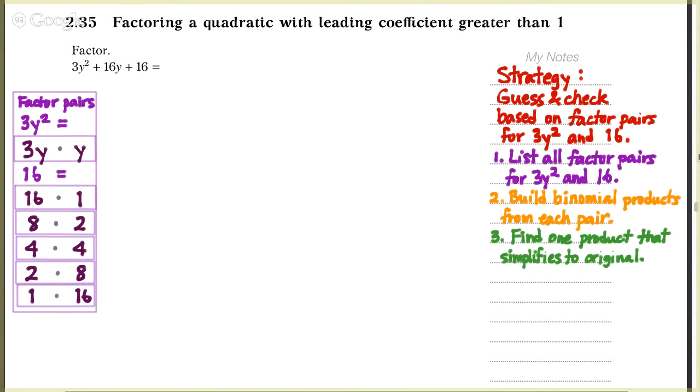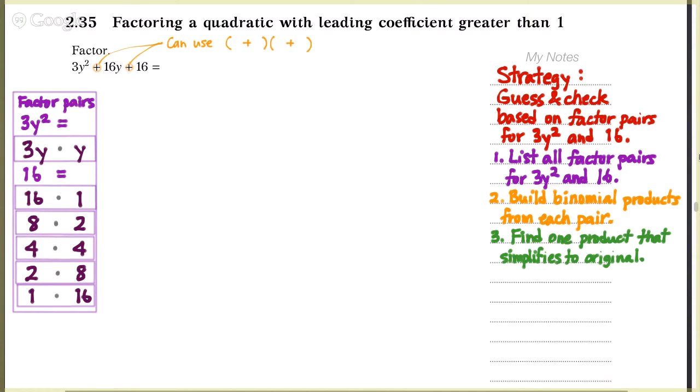There's technically 3 distinct factorizations for 16 into pairs: 16 times 1, 8 times 2, and 4 times 4. But for reasons that will become obvious in a moment, I also want to consider the ordering to be a little different. So I want to include 2 times 8 and 1 times 16 as a 4th and a 5th factor pair for 16.